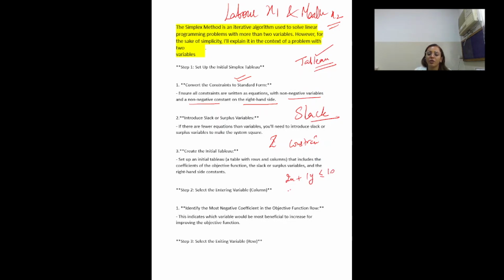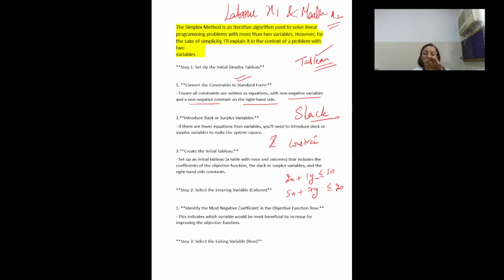And if I say 5x plus 7y is less than or equal to 20, that means in the first equation, if I am checking 2x plus 1y, something is there in between. That is the reason it is less than 10.